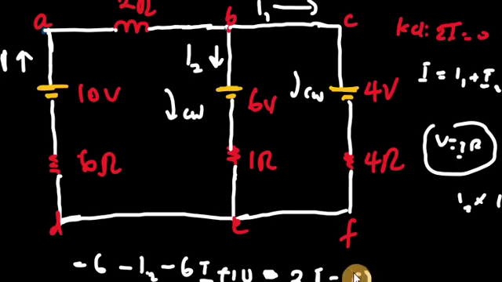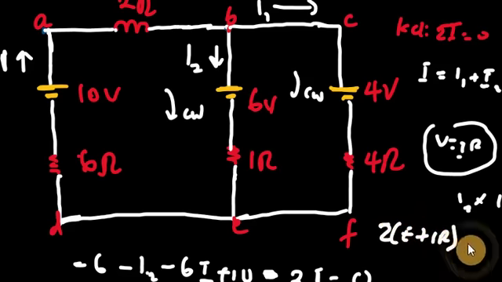And some persons will ask, why are we taking this? We are taking this from Kirchhoff's voltage law. It states that the sum of the EMF and the potential drop across the circuit elements should equal 0. For this case, this is EMF, this is potential drop. So everything should equal 0.